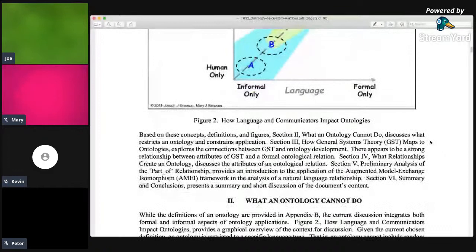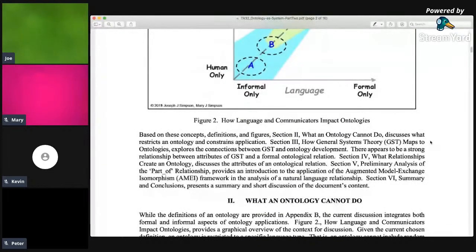So what we'll do is talk a little bit about what an ontology cannot do. We'll discuss what restricts an ontology and constrains an application. Then we'll talk about how general systems theory maps to ontologies, and general systems theory and ontological development. Then we'll see what relationships create an ontology and discuss the attributes, and then a preliminary analysis of the part-of relationship.